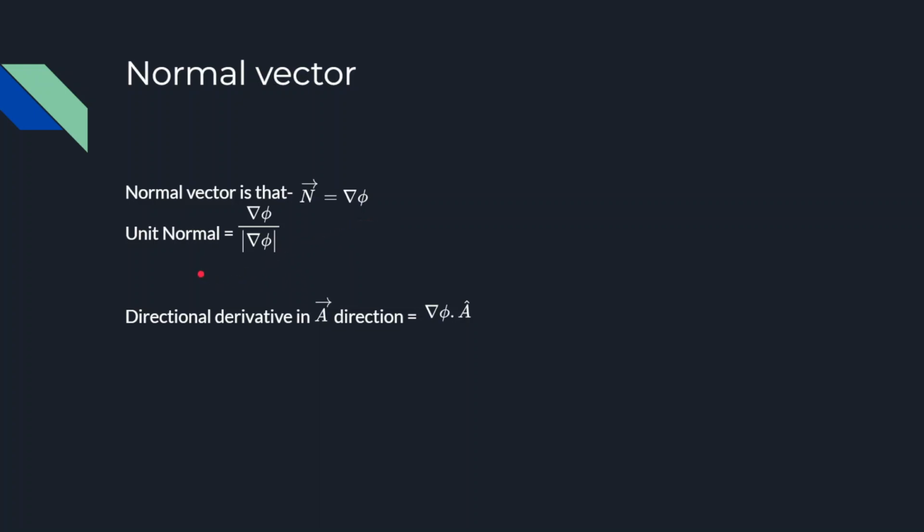The unit normal vector is basically the unit vector of that normal vector. We know how to determine the unit vector, as we learned in our previous lesson: del phi by mod of del phi. And the directional derivative in the direction of a can be written as grad phi dot product with the unit vector of a.